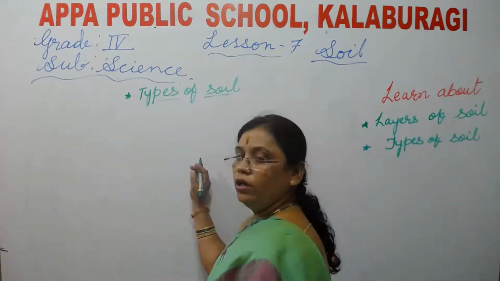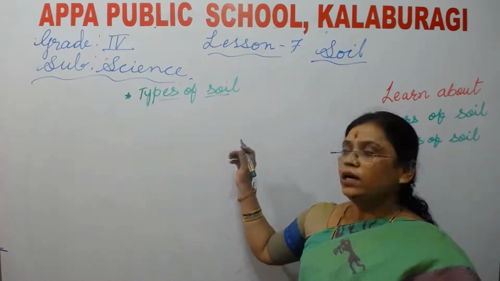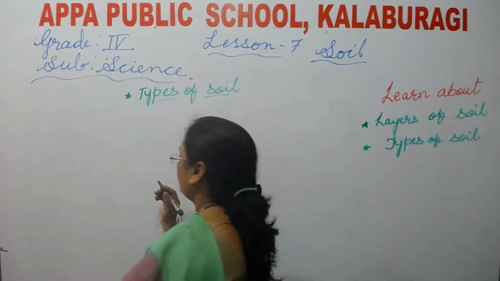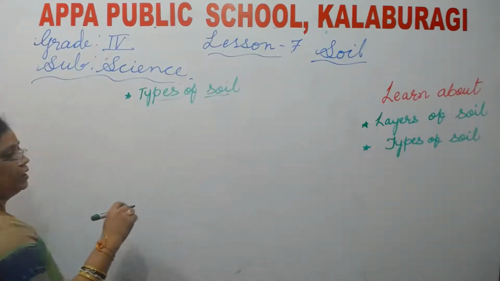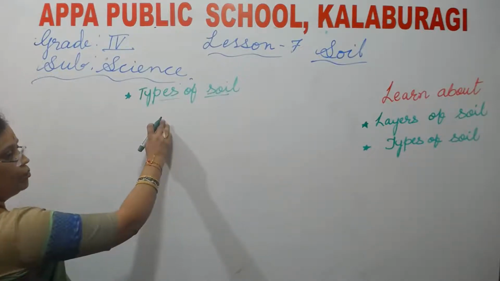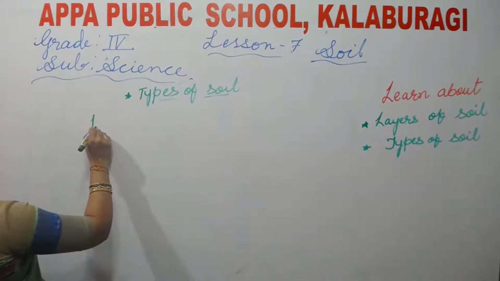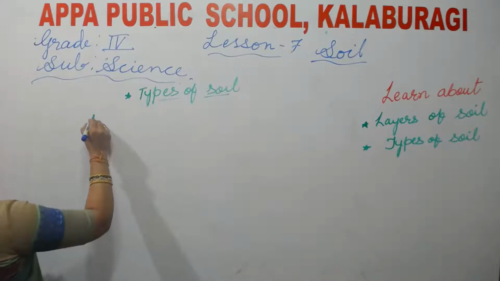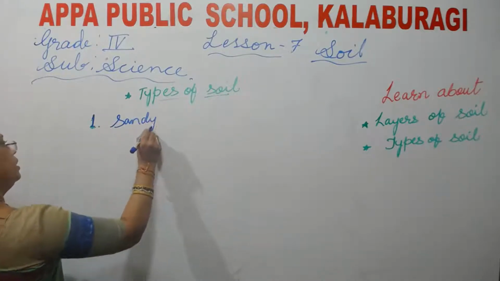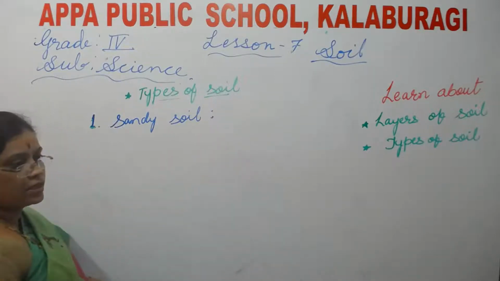So according to the size of the particles, the soil is classified into three types. The first type is called sandy soil.